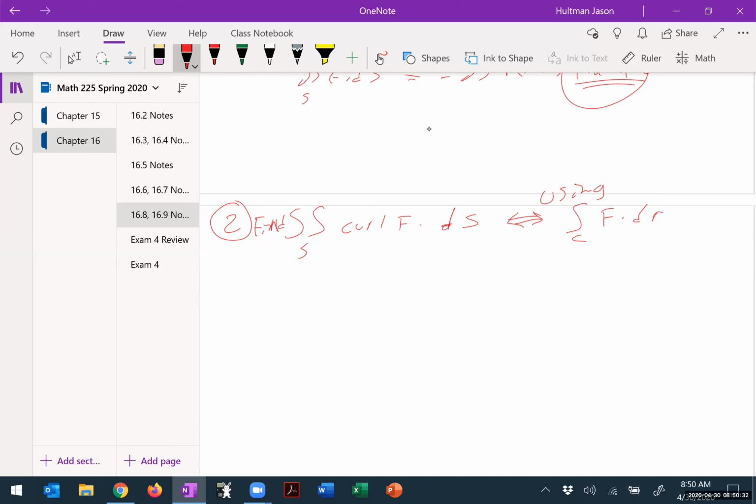We would go with whichever one's easier. In this specific problem, they want you to use the line integral to find the surface integral. But again, this could be done either way. It doesn't matter on this one because it's a fairly benign problem, fairly easy. We could go forwards and backwards with this. That's the power of this theorem.